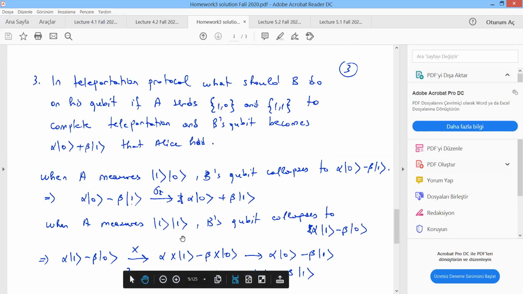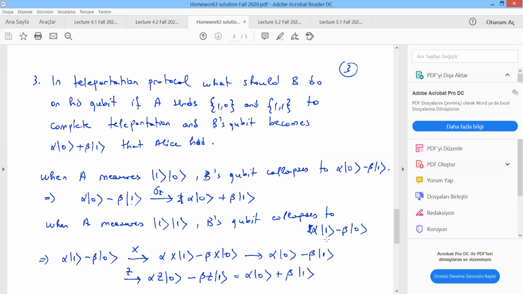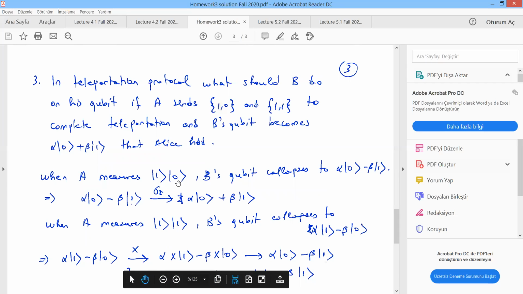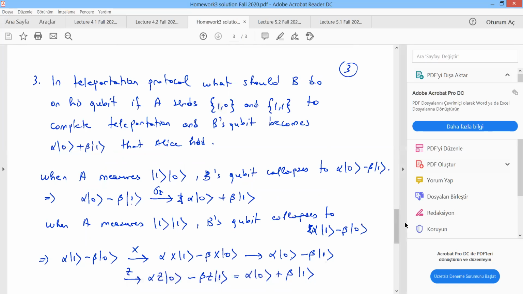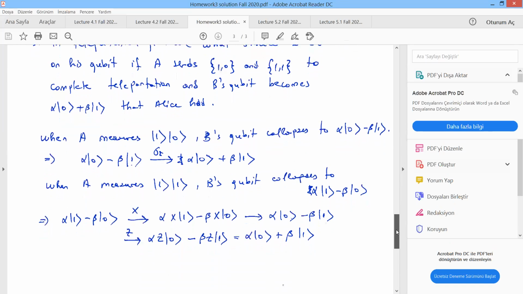The second case is when Alice measures ket 1 1. Then in this case, according to the protocol, B's qubit collapses to alpha ket 1 minus beta ket 0. What should I do to convert this to the state that Alice wants to teleport?